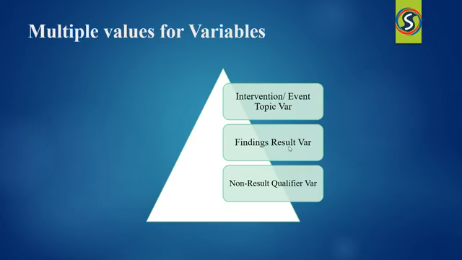In each of the above examples, we are going to use SUPPAE, which should be documented in your metadata and your annotated CRF, and the controlled terminology used should be documented as part of value level metadata.